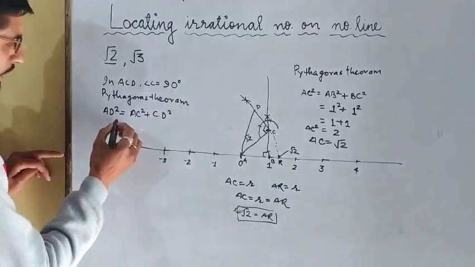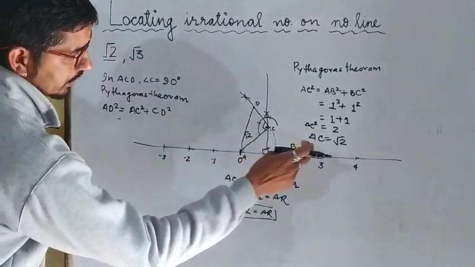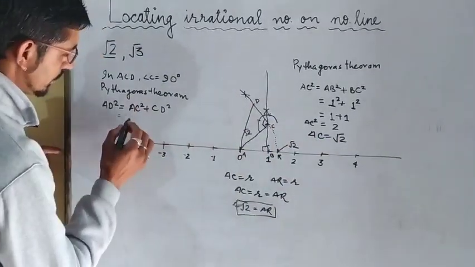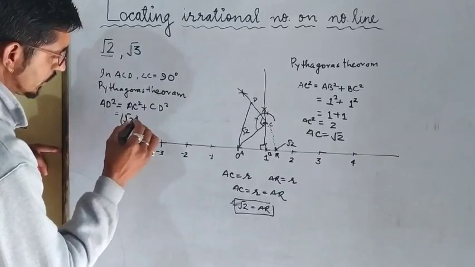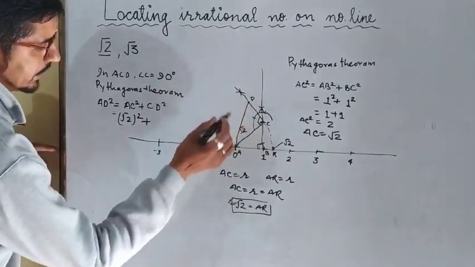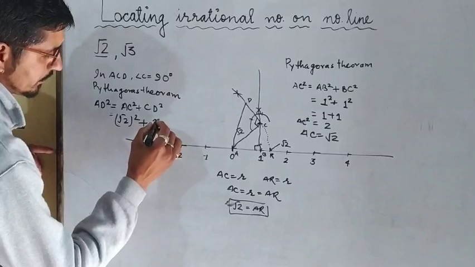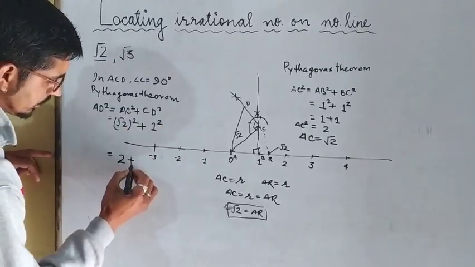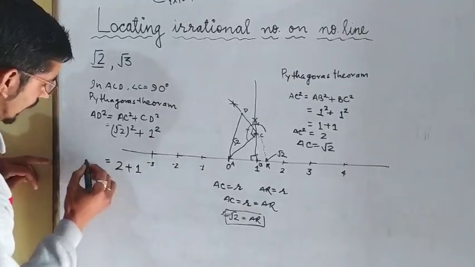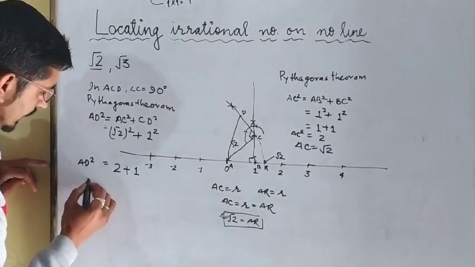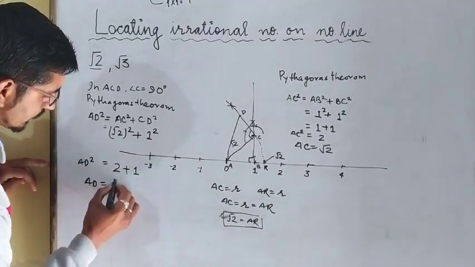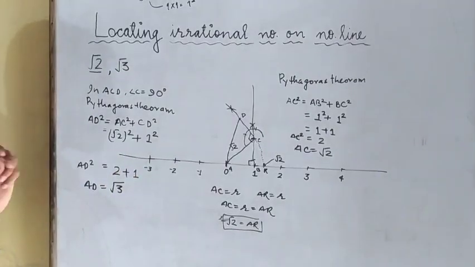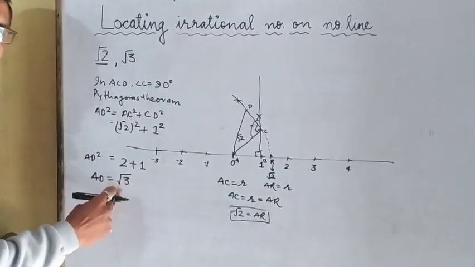Okay? Now AC, we have already proved that AC is equal to root 2. The square of root 2 plus CD, we have taken it 1 unit, 1 square. The square of root 2 will be 2. The square of 1 will be 1. AD square, or AD, is equal to under root 3. Okay? AD equals to root 3.